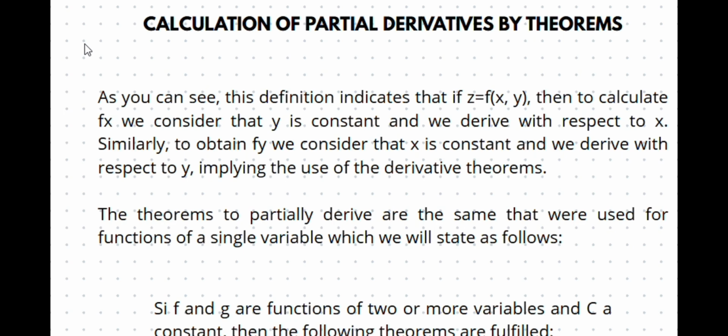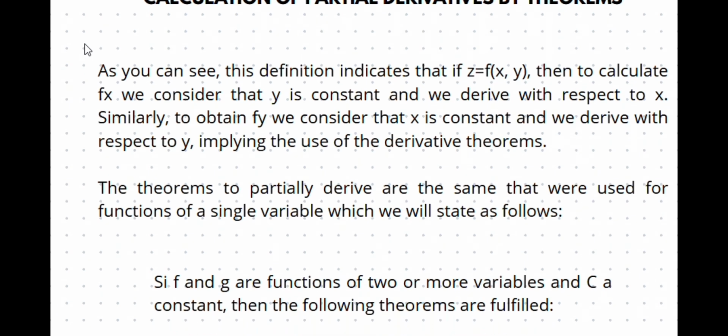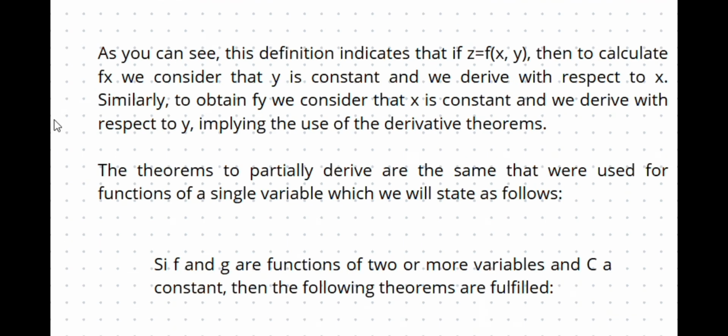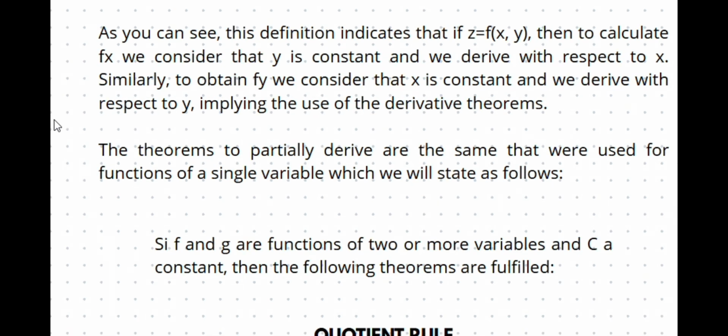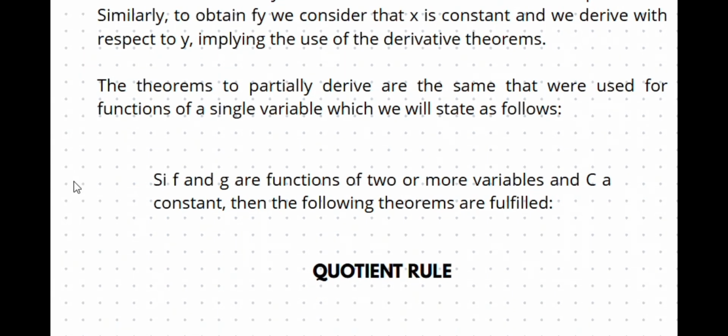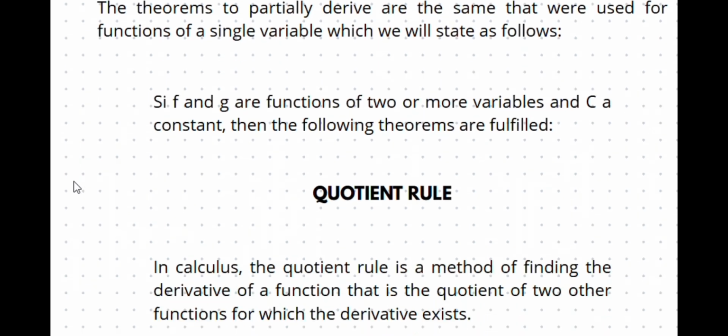Implement the use of the derivative theorems. The theorems for partial derivatives are the same ones used for functions of a single variable, which we will state as follows. Let f and g be functions of two or more variables and c a constant. Then the following theorems hold.